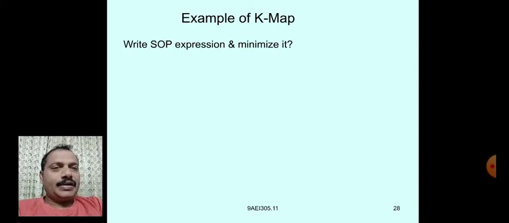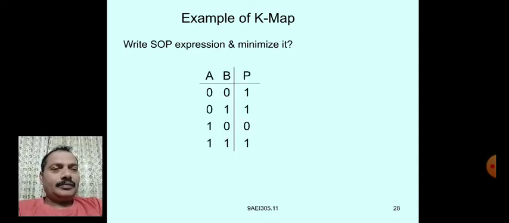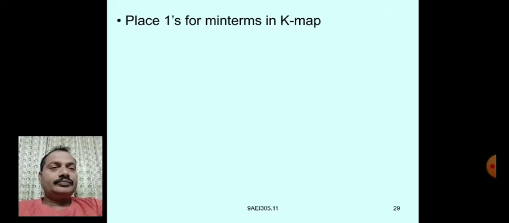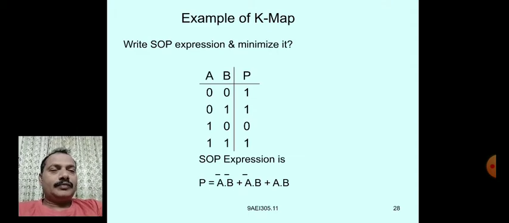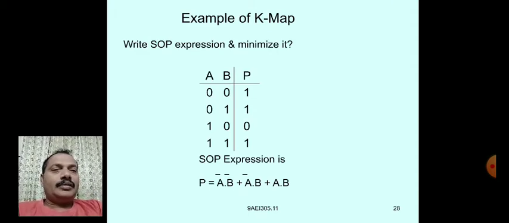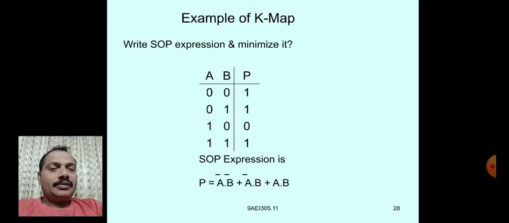Let us take one example. This is the expression, a truth table is given. Write the SOP expression and minimize it. So what is the SOP expression?